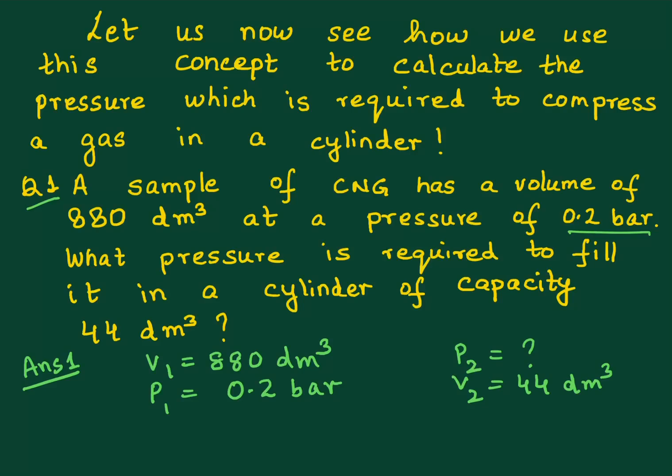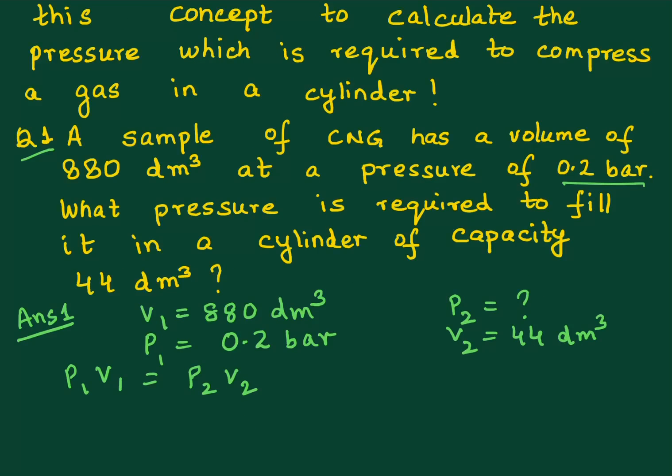Yes, simple. So, P1 V1 is equal to P2 V2, right? Go ahead, put the values. Now, before you put the values, a very, very important point. Check the units. Are they the same? Yes, decimeter cube, decimeter cube.